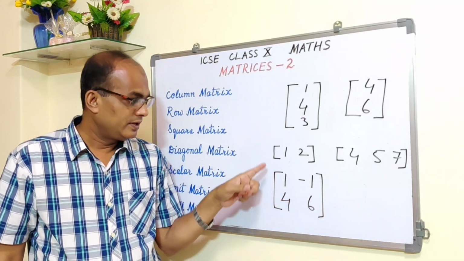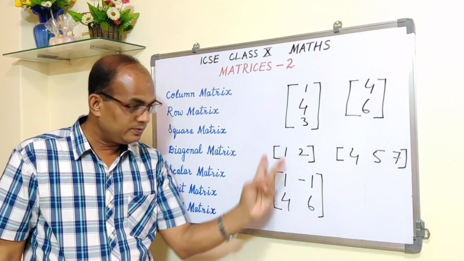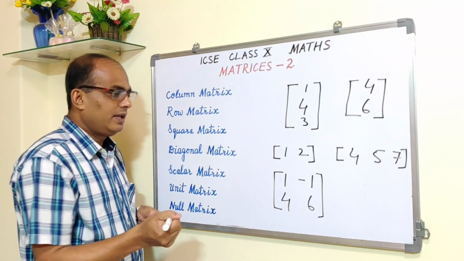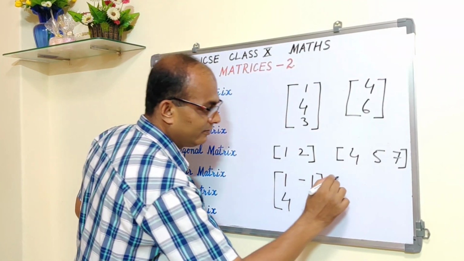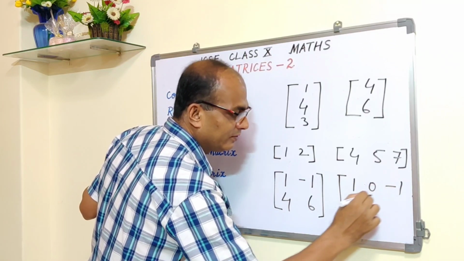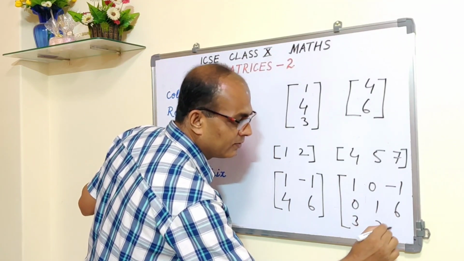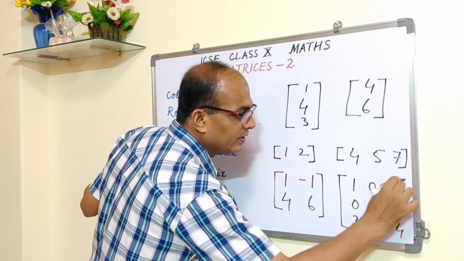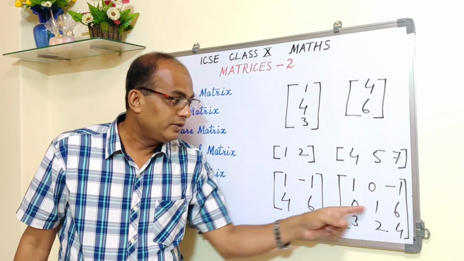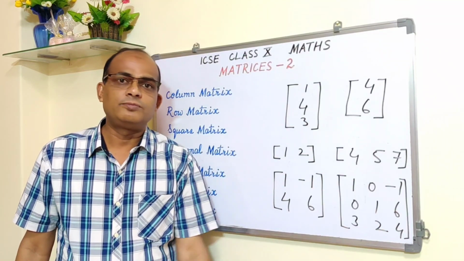There are 2 rows. 1 and 2, there are 2 columns. So 2 rows and 2 columns. So it is a square matrix. If I take order 3, then we can write it like this: 1 0 -1, 0 1 6, 3 2 4. Alright? How many rows are there? 1, 2, 3 rows are there. And how many columns are there? 1, 2, 3 columns are there.